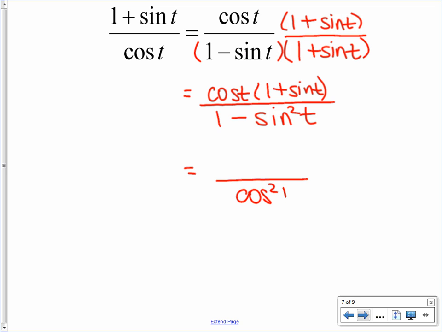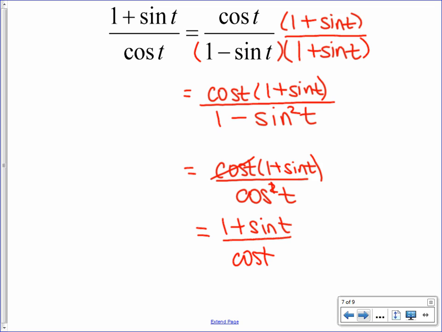It becomes cosine squared t. Then this cosine cancels out with one of these cosines, and so we have 1 plus sine of t over cosine t, which is exactly what we have over here.